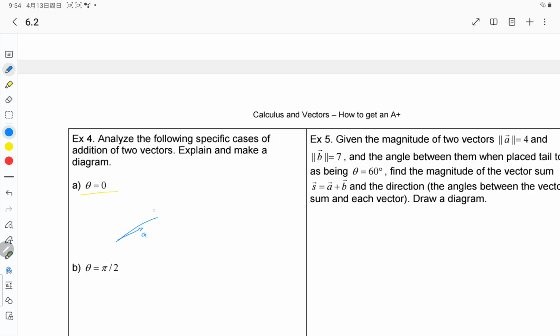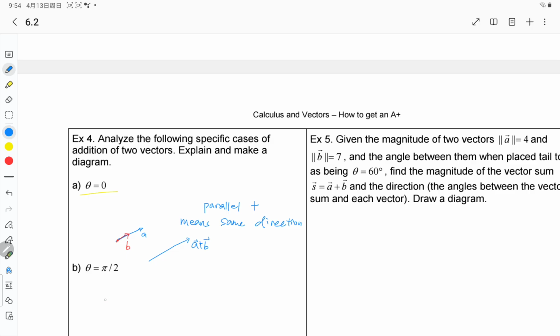So A and B. These later sections would be much easier. Theta 0 means not only parallel but also the same direction. And then A plus B is just the sum of their lengths, right? I think you guys can do it better than me.